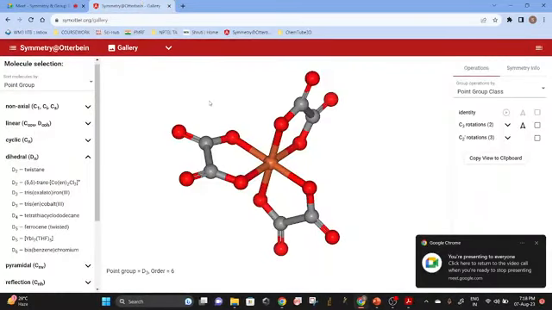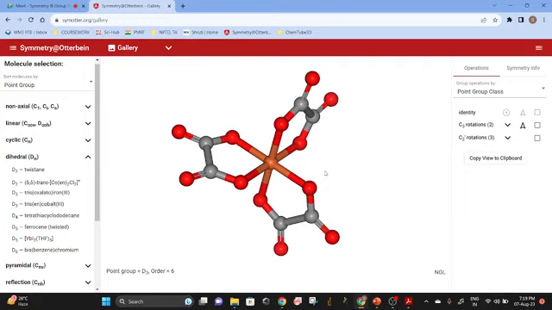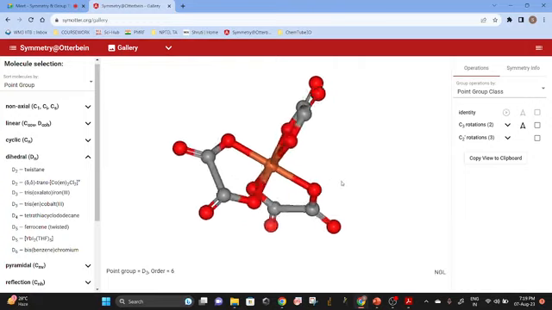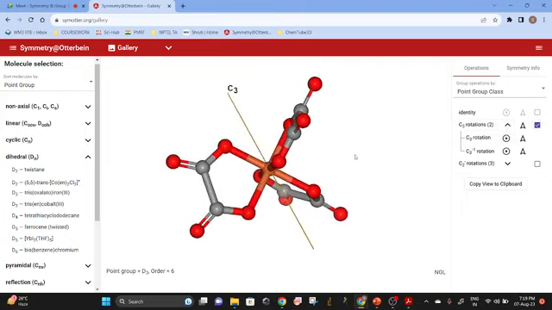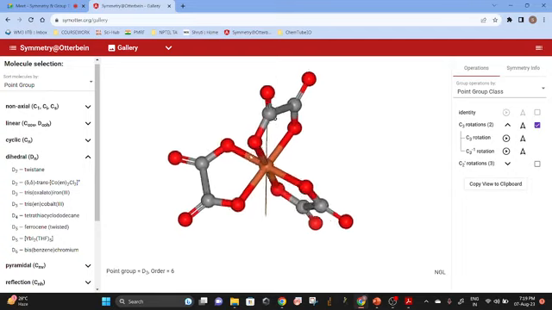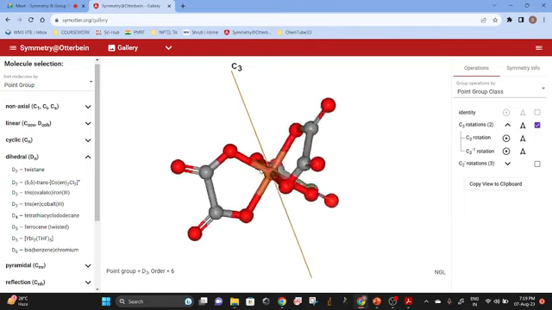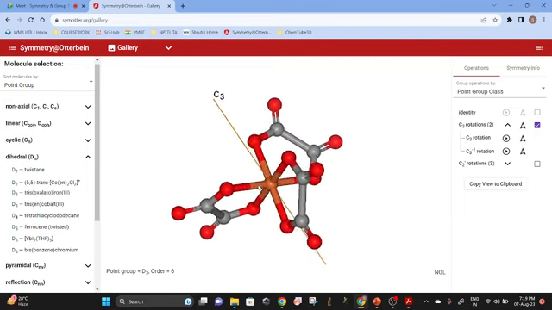Yes, ma'am. Okay, nice. Now, can you imagine C3? Can you draw in your notebook or somewhere? I'll show you C3. See, as I told, there is one C3 axis rotation passing through the nitrogen atom, and see how it rotates.